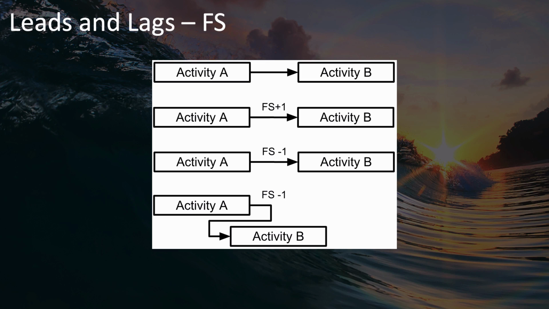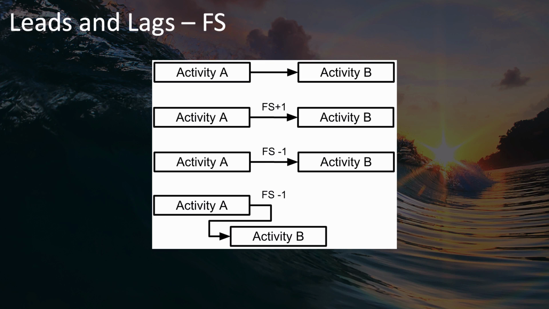If you start with a finish to start relationship between activity A and activity B, but then you decide you want to delay activity B by 1 day, you would add the notation to the arrow FS +1. If, on the other hand, you wanted to overlap activity B with activity A by, say, 1 day, and have activity B start a day earlier, that's represented by FS -1 written next to the arrow.